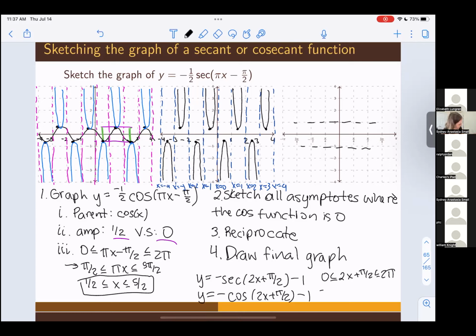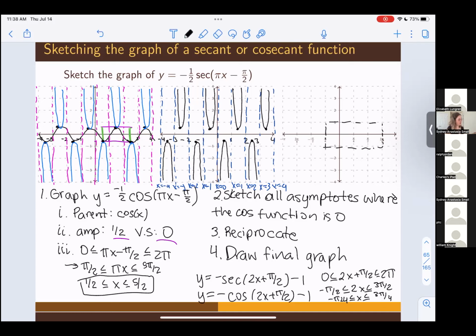Doing that, we get negative pi over 2 to 3 pi over 2 for 2x. And then dividing both sides by 2, we get negative pi over 4 to 3 pi over 4. So the x bounds of our box would be here and here. So that is the box for the cosine graph.